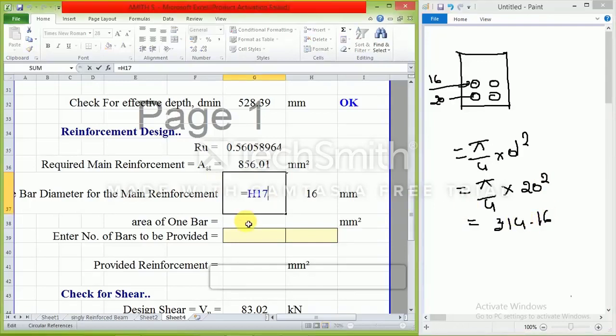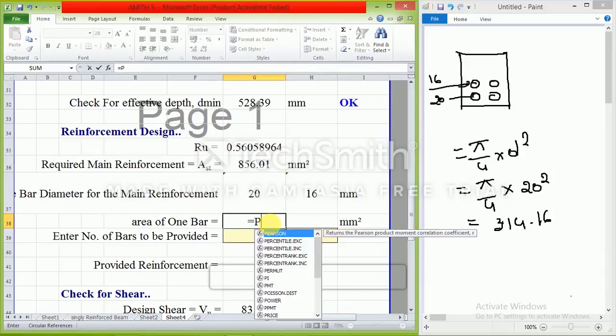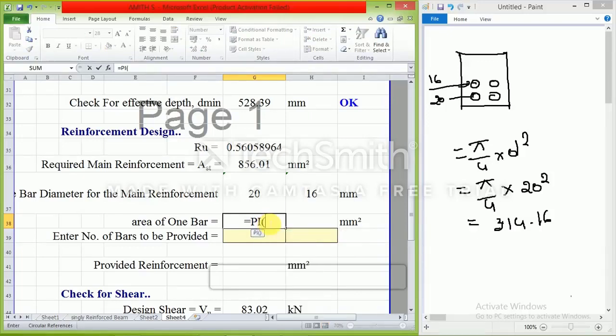Okay, I'll do it here. The important thing that you need to remember here is, what is the symbol for pi? It is just capital letter PI, open bracket, close bracket. So this is pi.